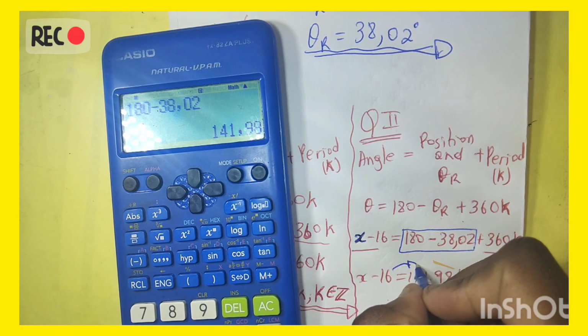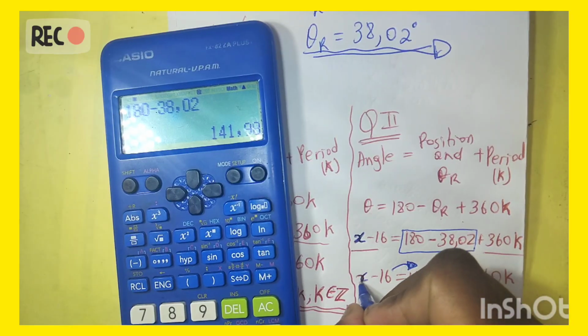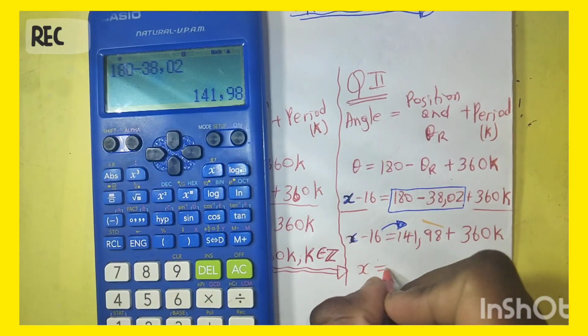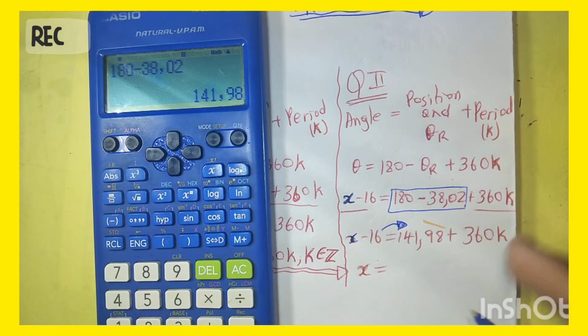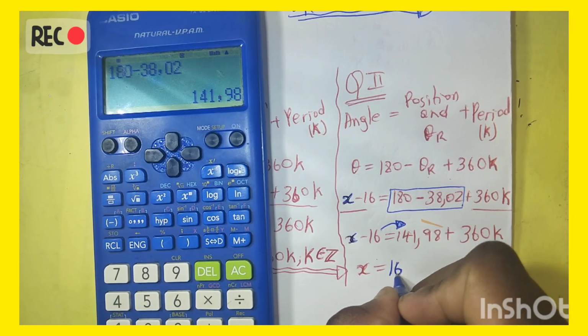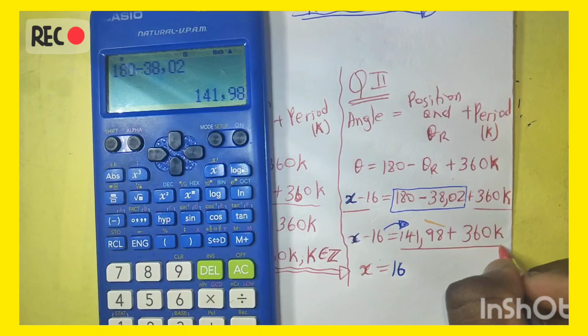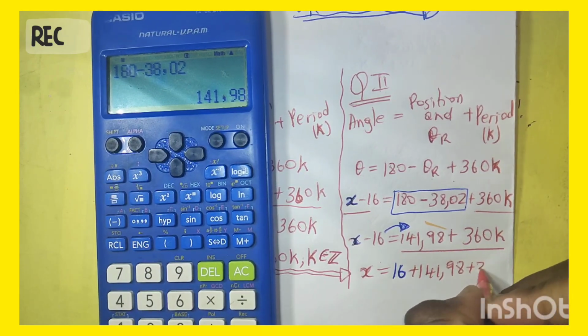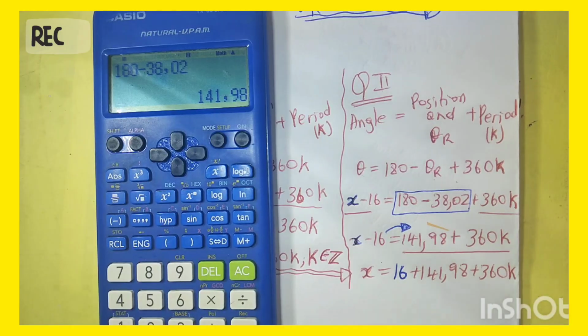Then you can take this thing to the other side, to make x alone. So x now will start being alone there. And this one now will go to the other side and become positive. And all of this one that I didn't affect, I write the way it is. Just like this. Do you see?